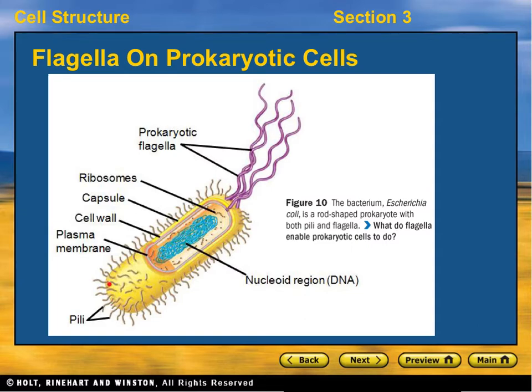The pili are these little hair-like structures along the outside edges. Think of it like a burr, which allows the cell to attach to other surfaces or other cells.